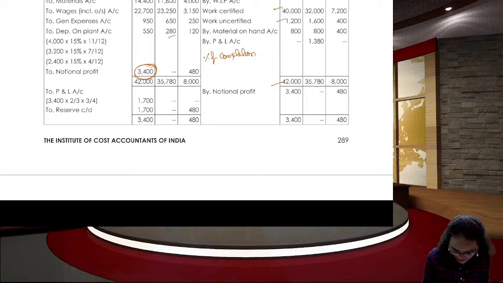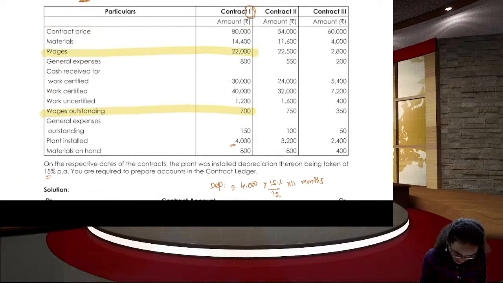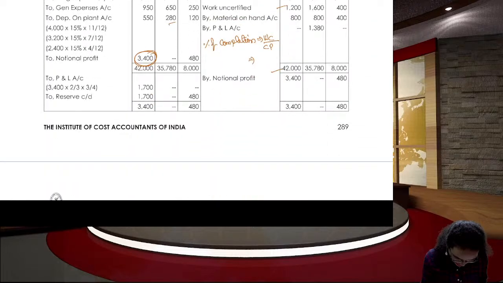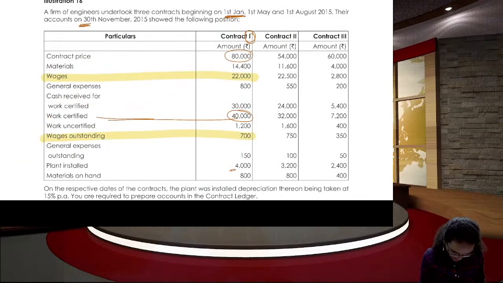How to check? What is a work in progress? That is the work certified. Contract price is 80,000 and work certified is 40,000. 40 and 80.